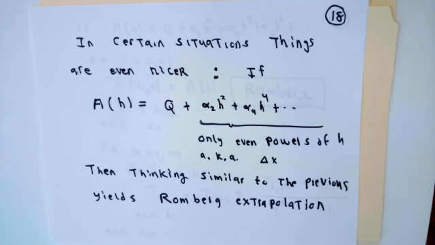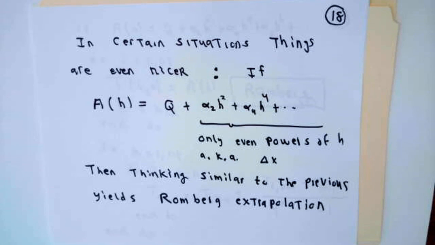Finally, sometimes you get really lucky and the power series that differs between the approximation and the true value only has even powers of h in it. This will turn out to be true for one of our popular numerical integration techniques.